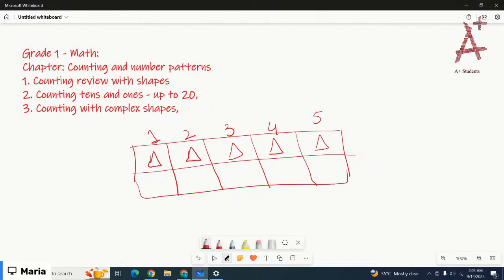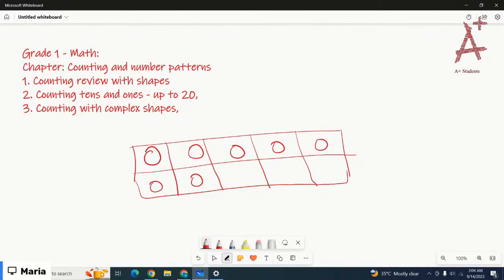Let's just do another example. If you already know the answers, you can please write down the answers in the chat box. Okay, how many circles do we have in the frame?